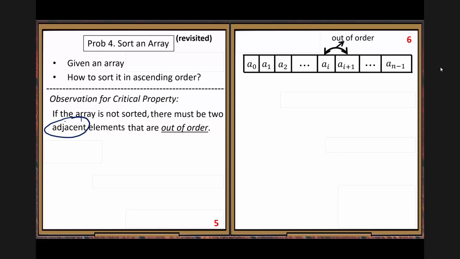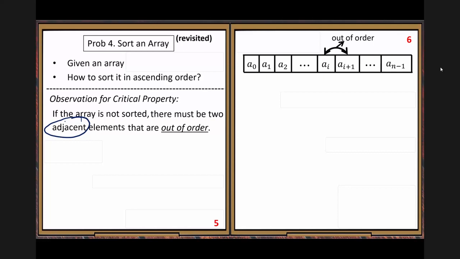But here, after we add this adjacent, it makes it a little harder to see, but you can still get it, right? Adjacent. Because if every two adjacent elements are in ascending order, you will get all elements in ascending order, right?